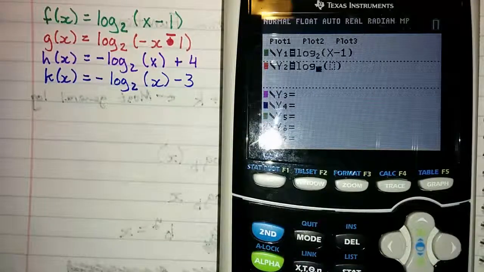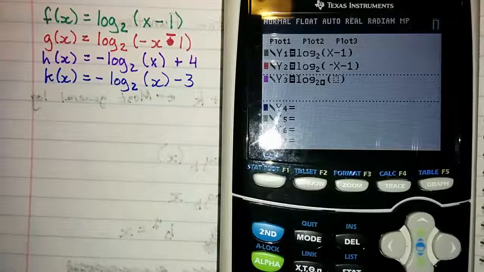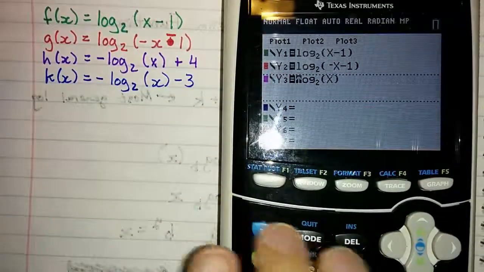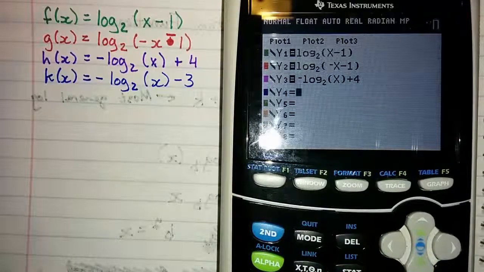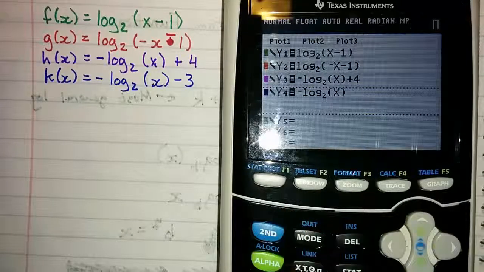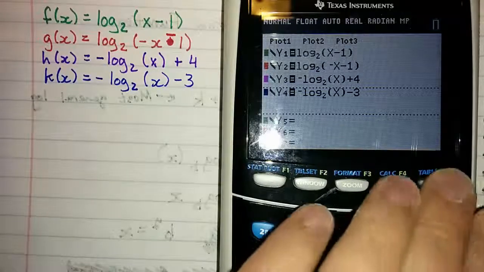Here, log base 2, negative x minus 1. Here, log base 2 of x. Oh, I wanted to make that negative, didn't I? Plus 4. And here, negative log base 2 x minus 3. All right, let's graph this thing.